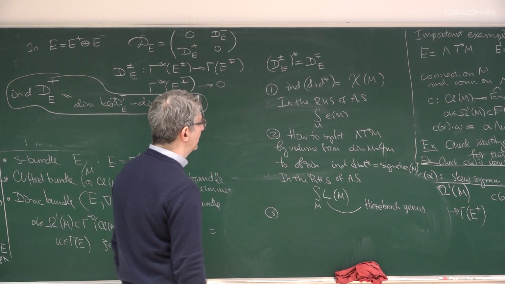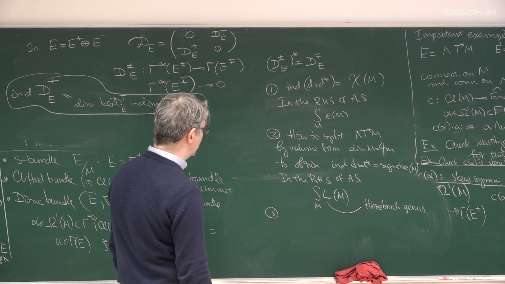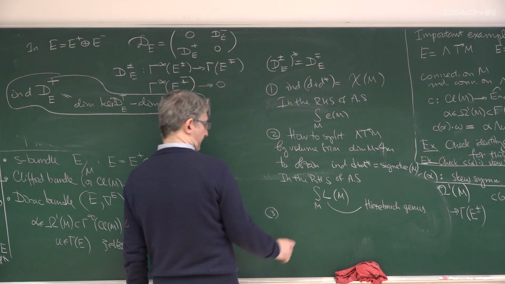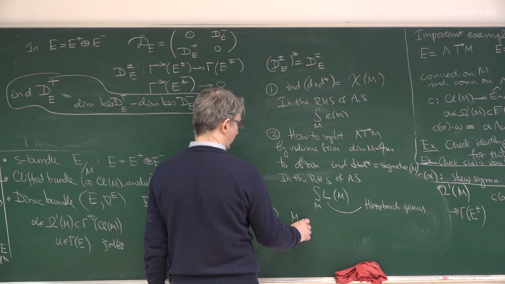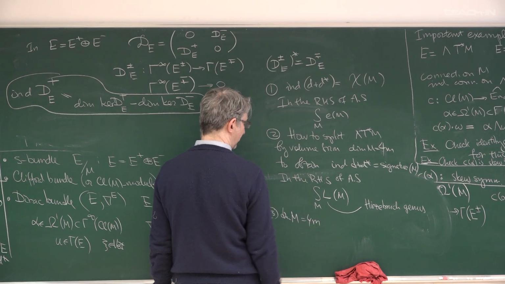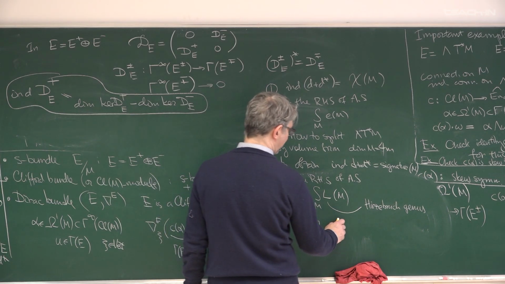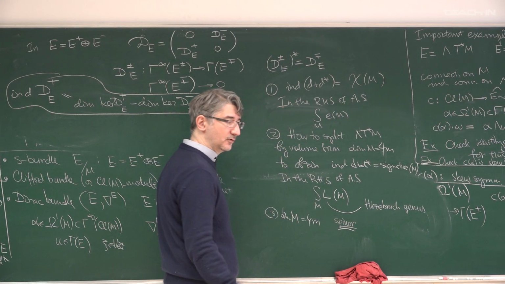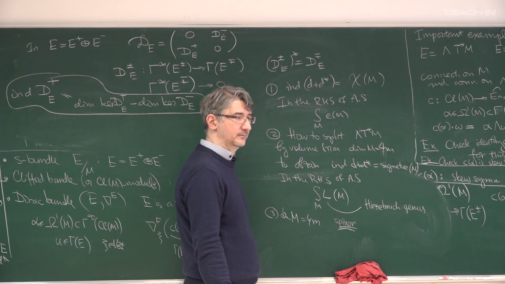And the last question is about what? Okay, M is 4m-dimensional, in this case spin. We have not discussed what that is.